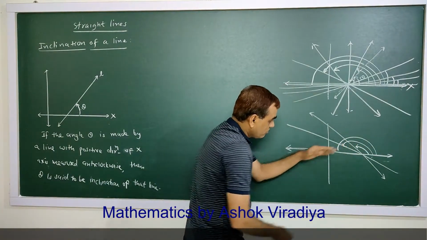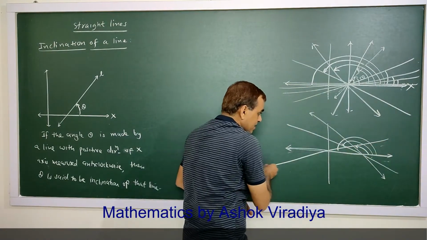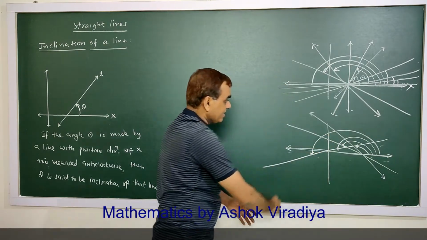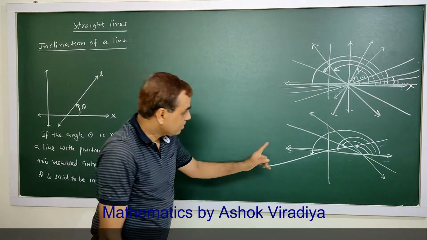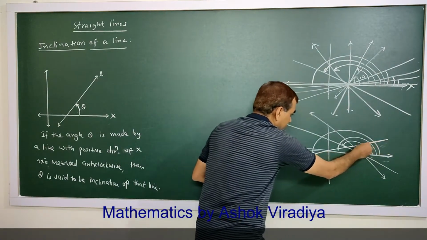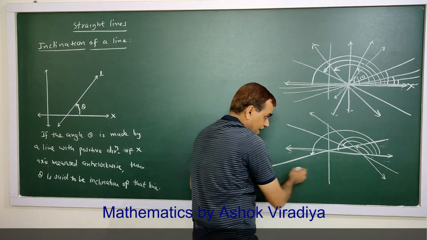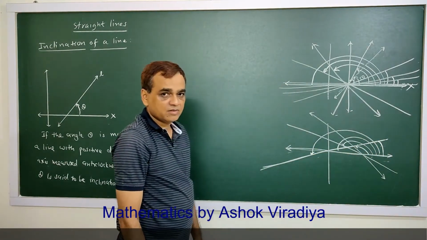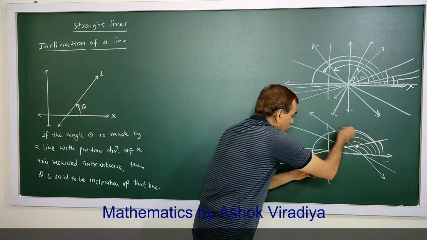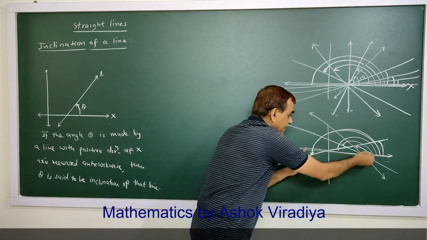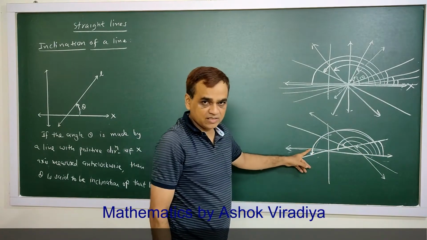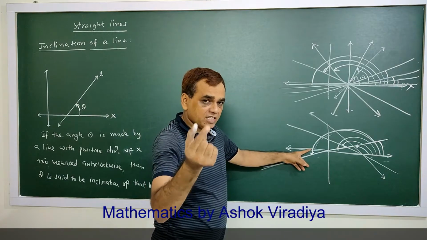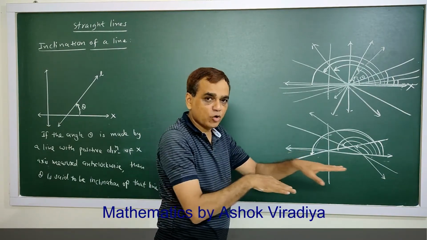Now taking it still down, if it is like this, then we don't take this angle as theta, because when it comes in this position, then this is theta. So we don't take theta more than 180. We take maximum 180. If theta is 180, or if theta is 0, then the position of the line is the same, overlapping the x-axis.